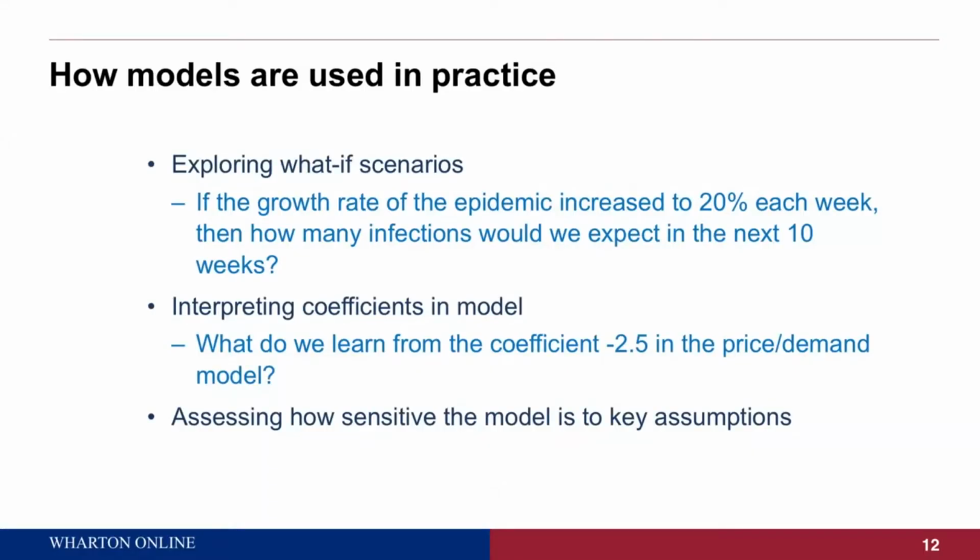Certain models lend themselves to interpretation, and in terms of the price and quantity demanded model, there was a coefficient in the equation, if you look back, and that coefficient was the power, which was minus 2.5. So it's a number, but sometimes these coefficients have interpretations, and that interpretation can be helpful.